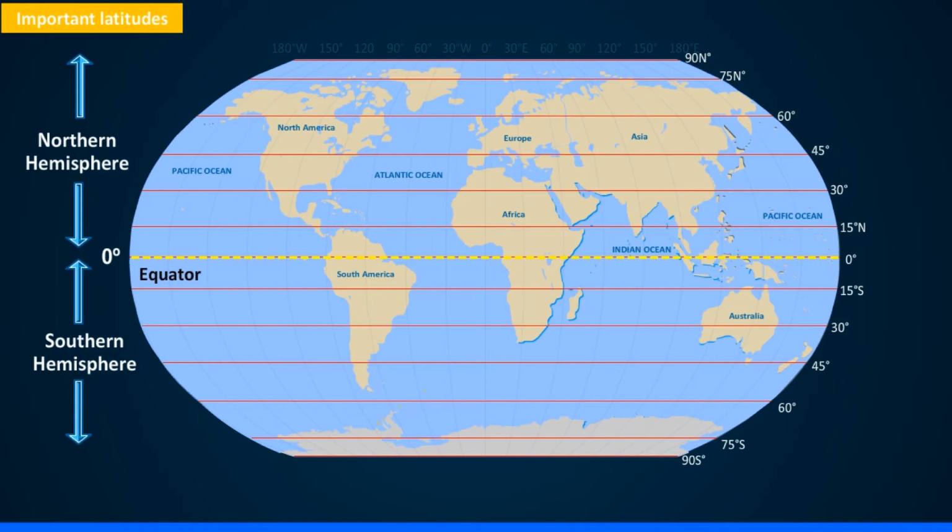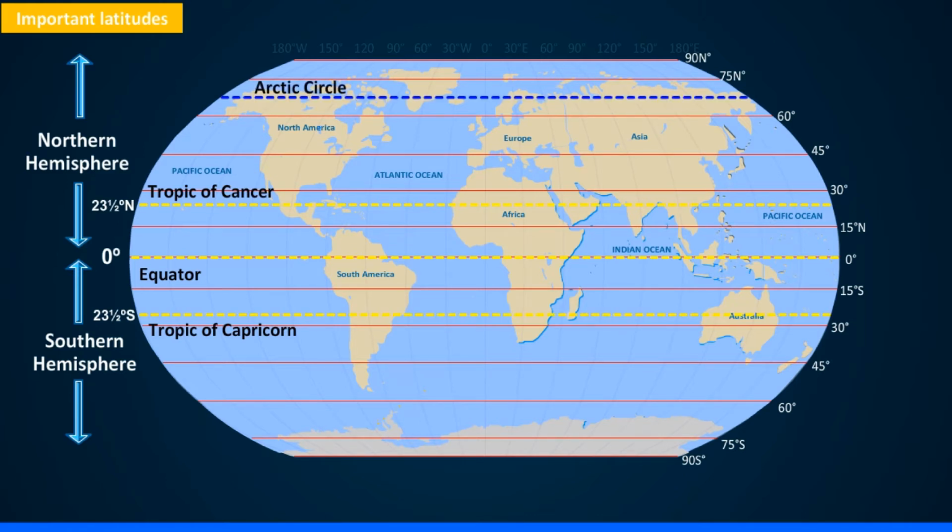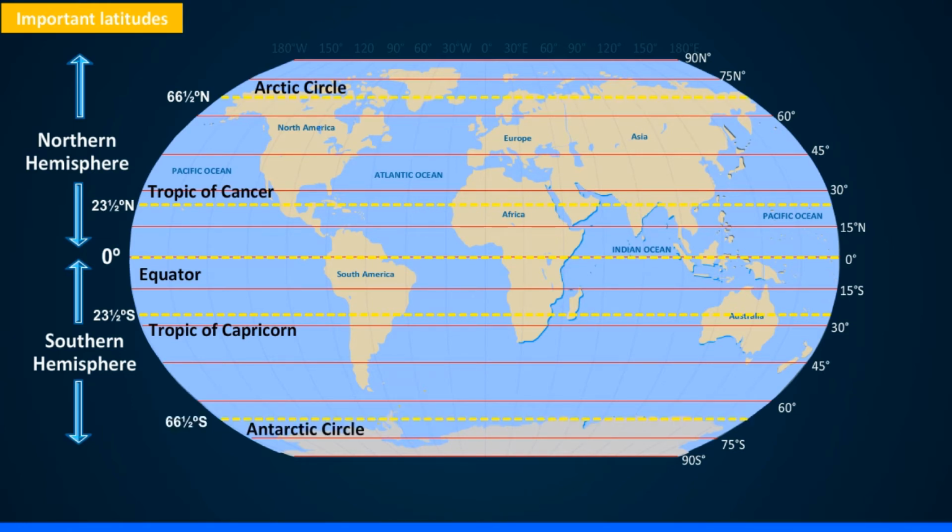The important latitudes are as follows: the equator 0°, the Tropic of Cancer 23.5° N in the northern hemisphere, the Tropic of Capricorn 23.5° S in the southern hemisphere, the Arctic Circle 66.5° N north of the equator, and the Antarctic Circle 66.5° S south of the equator.